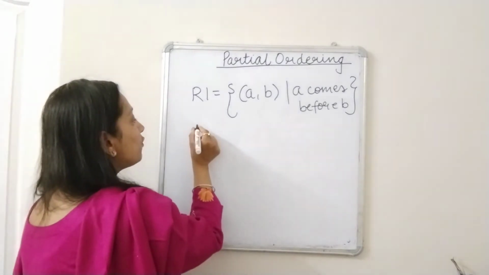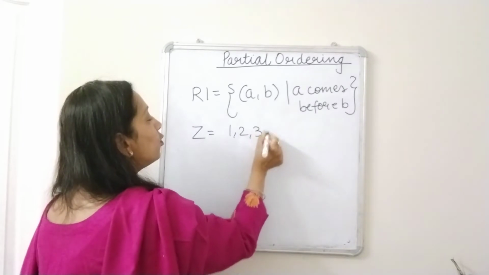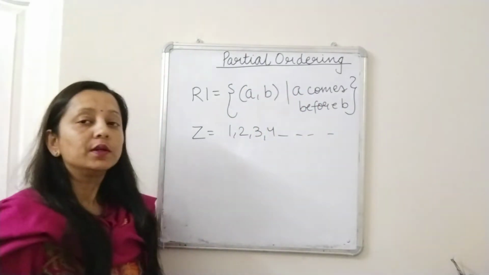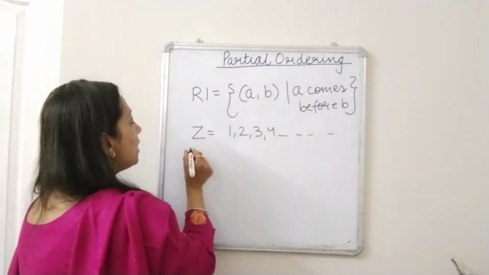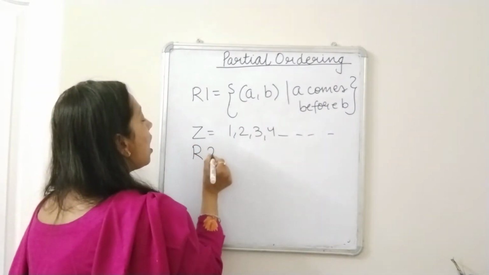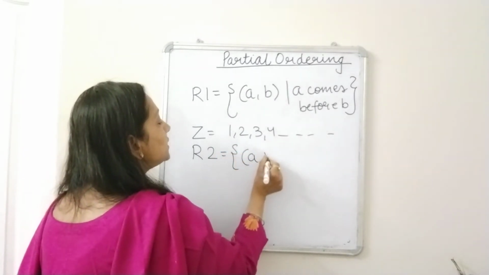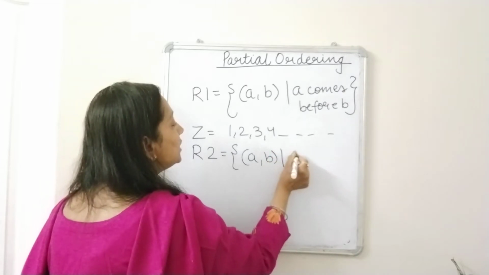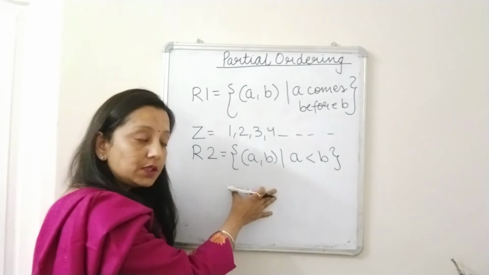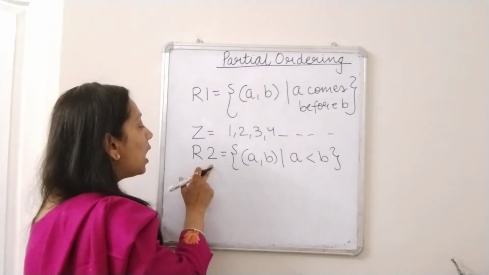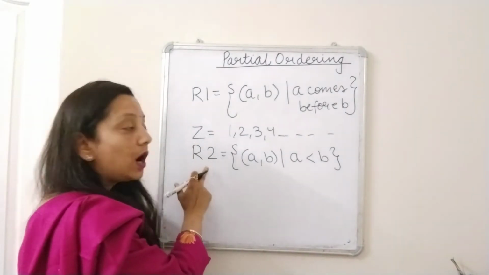Suppose we have a set of all integers starting from 1, 2, 3, 4 and so on. We are considering all the integers. Now let us say we have a relation R2, where R2 is a set of ordered pairs A, B such that A is always less than B. So what is this relation R2 saying?